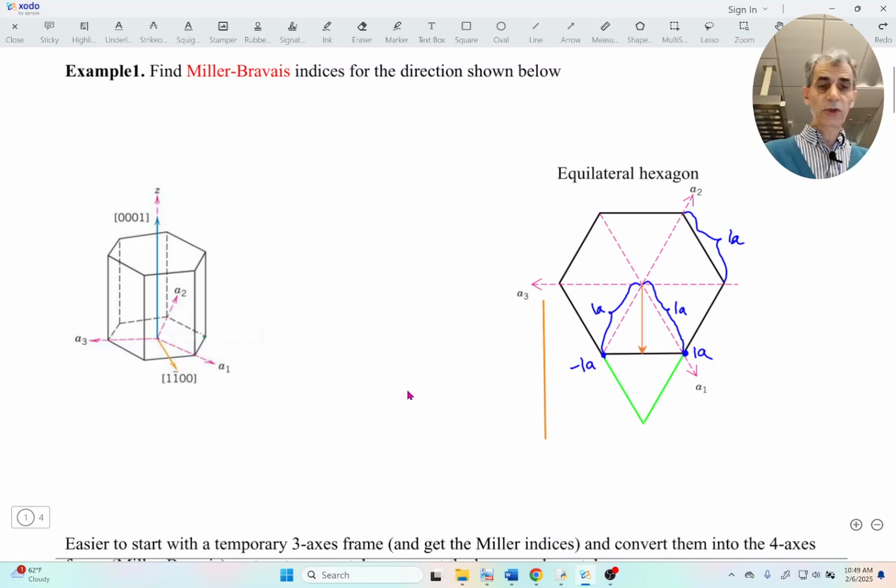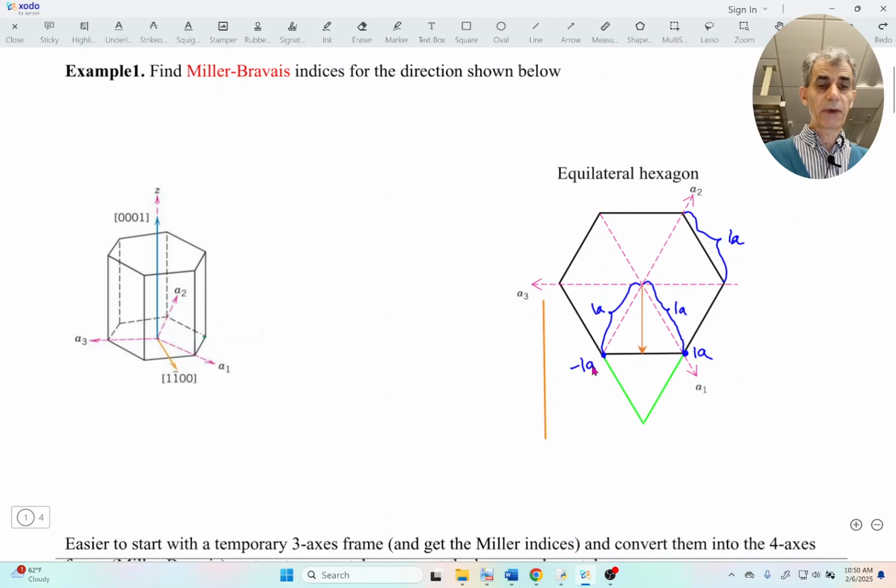So if we elongate that, and draw a parallel from this point all the way to the A1 axis, we can see the coordinate in that case will be 1a. This parallel is to the other axis, A2. Again, the same way, if I draw a parallel from here to find the projection on A2 for that point, I find that it is also 1a, but in the negative direction because the positive, as we selected, is in that direction.